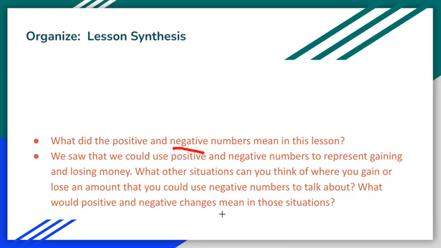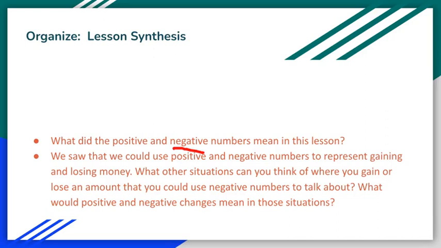Well, I think you could talk about what we did on the previous lesson, with temperature, like a wind chill will make the air feel 5 degrees colder, so negative 5 degrees compared to what it is. Things like weight, you could talk about positive and negative, positive gaining weight, negatives losing weight.